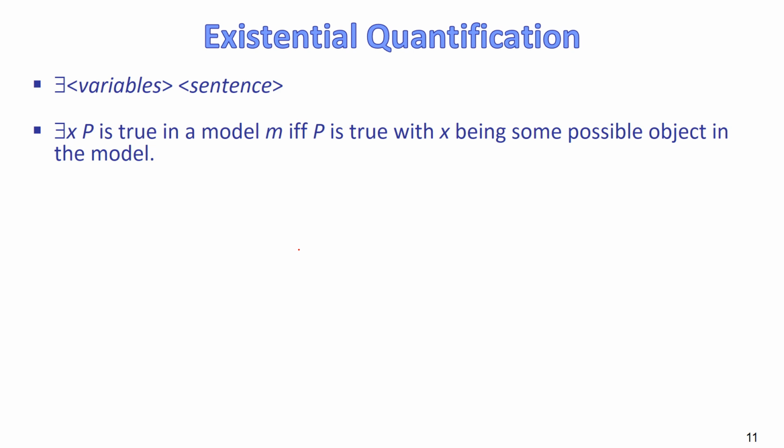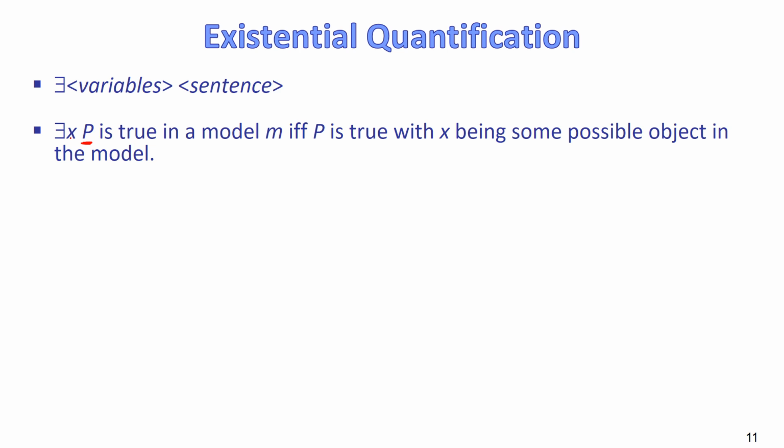So now let's switch to existential quantification. So we use there exists and some variable and then a sentence. That means that this sentence as a whole is true in a model M if and only if P, which is the sentence here, is true for at least one object in the domain, in the model.